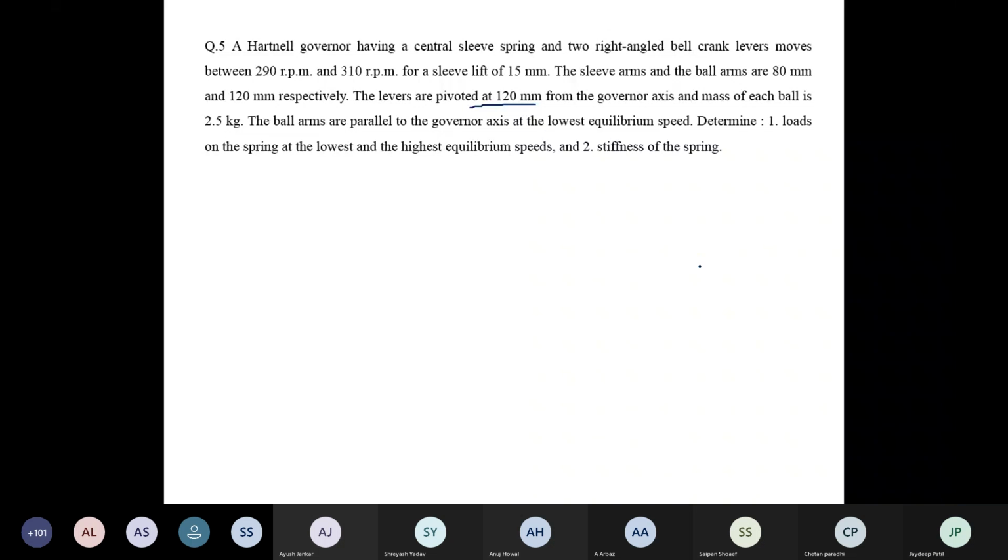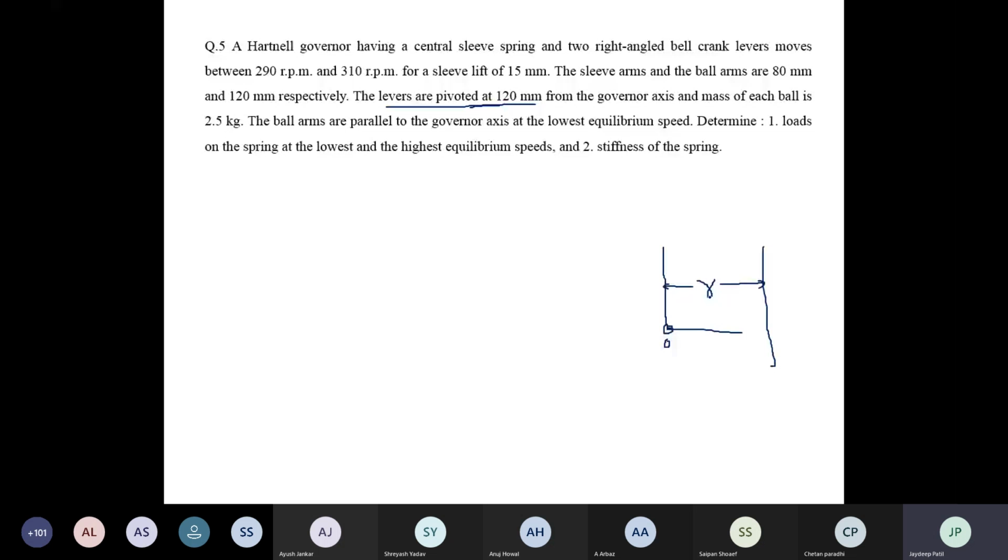It is given, levers are pivoted at 120 mm. Means if I draw the figure, this is the equilibrium position. Now this is the pivoted point. Means this distance is given here, R, equilibrium position. Levers are pivoted at 120 mm from the governor axis. Means R is given, 120 mm, means 0.12 meter.